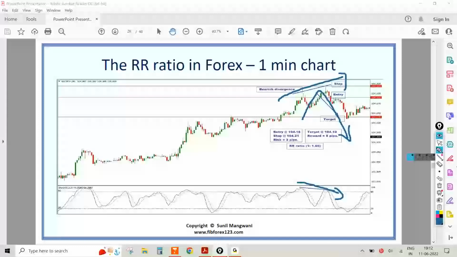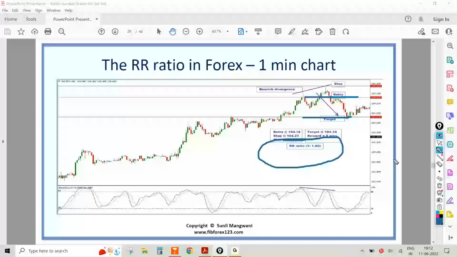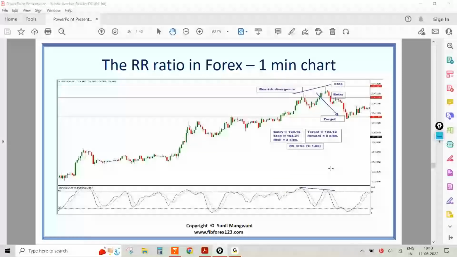But since you're on a smaller time frame, the frequency of movement obviously is smaller. So this was your entry. This was my expected target, my target one. My risk to reward ratio was 1:1.6, less than 1:2. Now this mathematics simply tells me that I should not be trading on a 1-minute time frame, because I am not going to get my risk to reward ratio of 1:2.